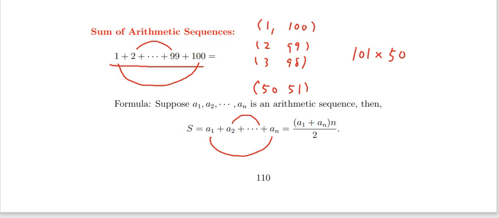So we have this formula. We don't need to remember this formula, but we should remember this idea: take the first one and the last one, pair them this way to find the summation of an arithmetic sequence.